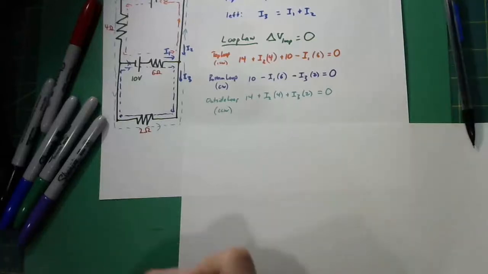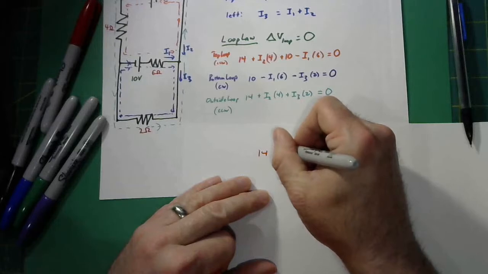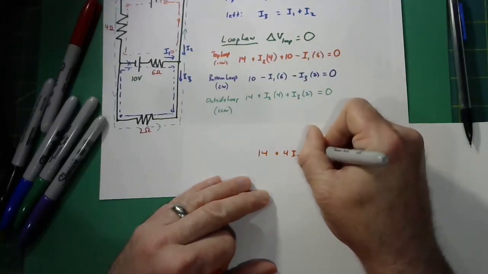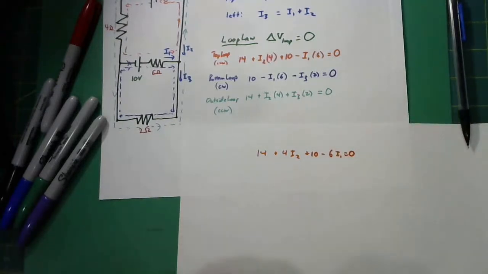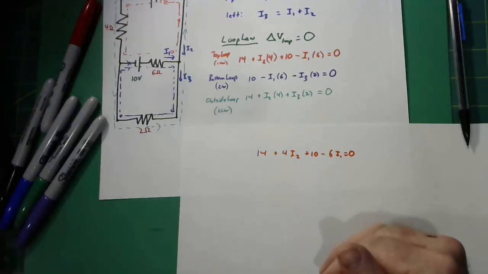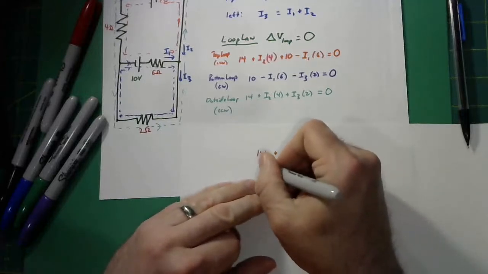If I take that top loop, there's a bunch of different ways of solving simultaneous linear equations. I'm going to rewrite this with coefficients: 4i2 plus 10 minus 6i1 equals 0. My favorite way is to solve by substitution, but you can also add or subtract equations from each other to help simplify, and that's fine.